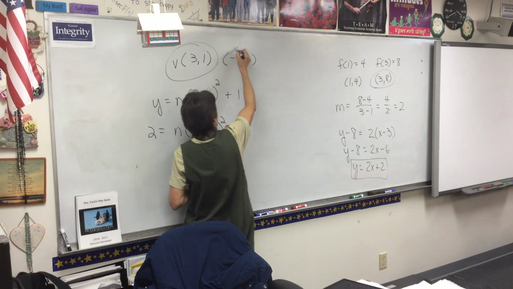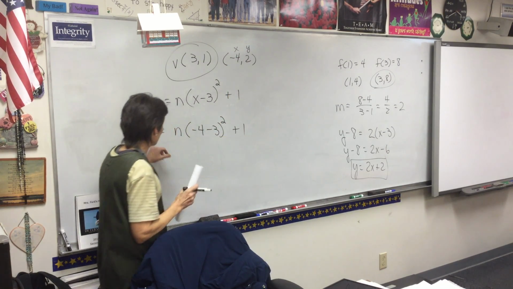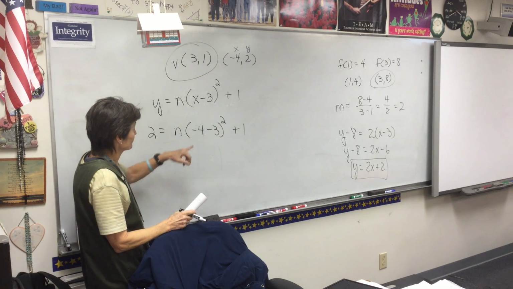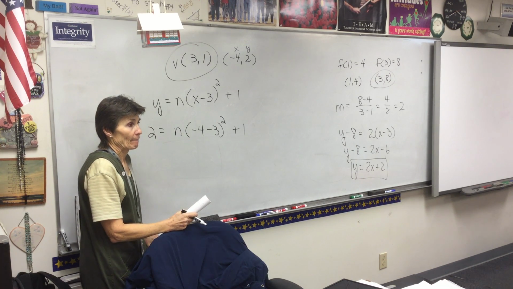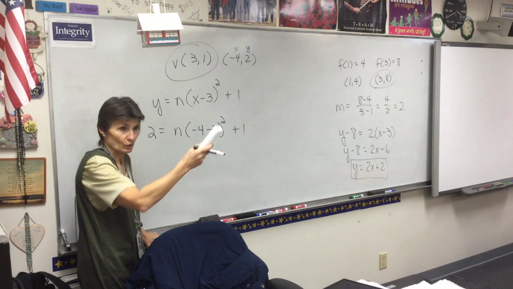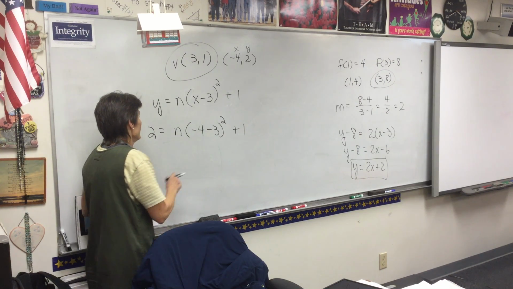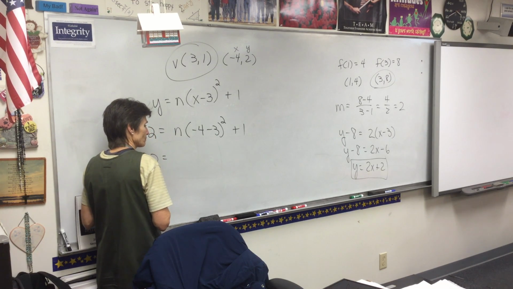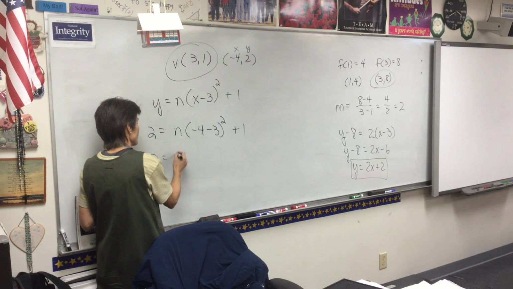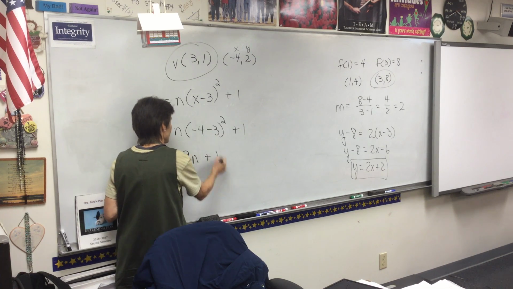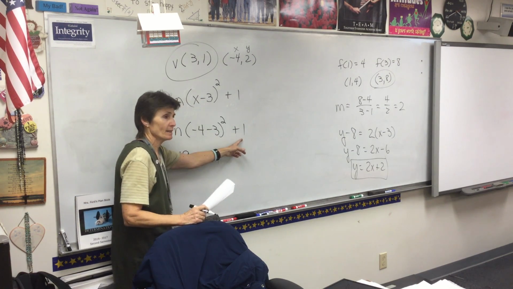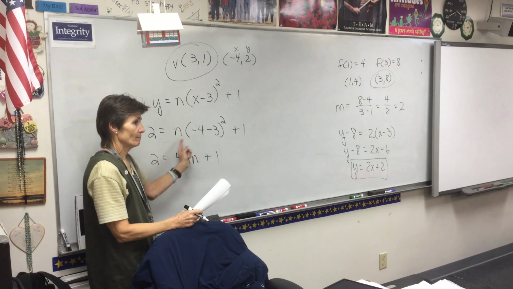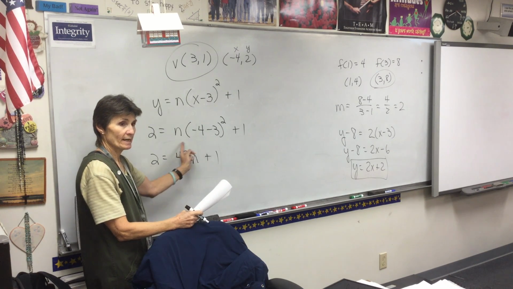Remember, this is x and y, so make sure you're plugging them in the right spot. Good? So let's work it out. -4 minus 3 is -7, squared is 49. Do not add the 49 and the 1. This is 49n.